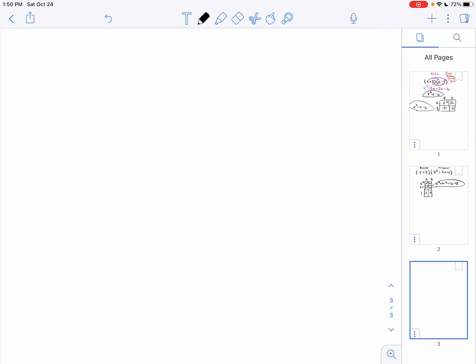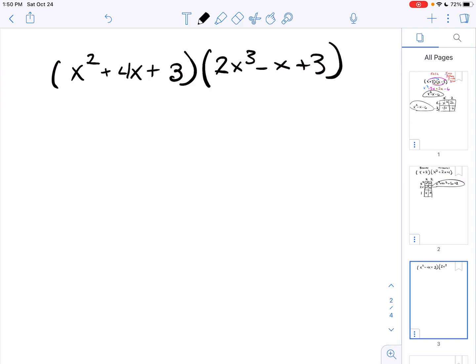The last one I want to do, we're going to multiply two trinomials together. Alright, so we get something like this. Once again, the tabular method.